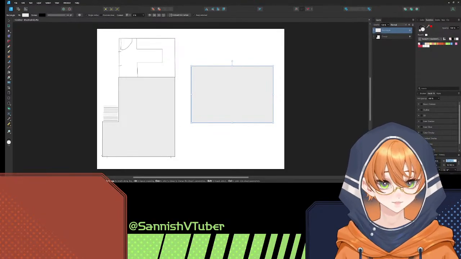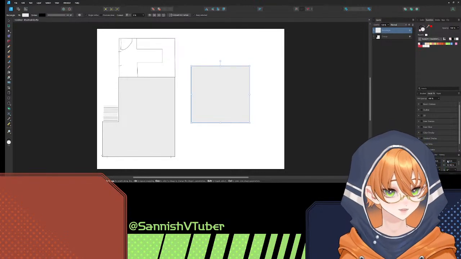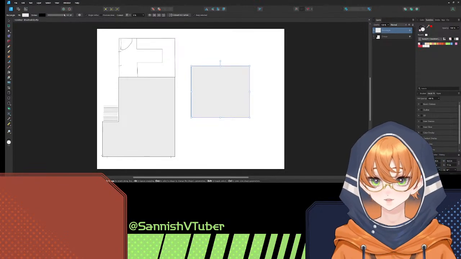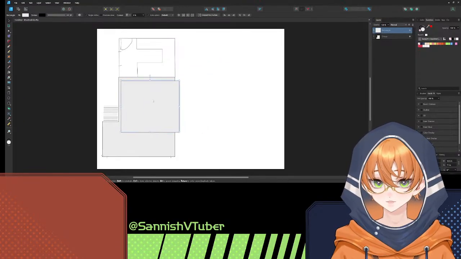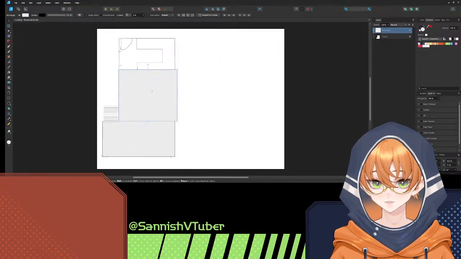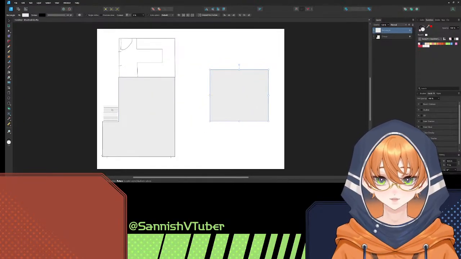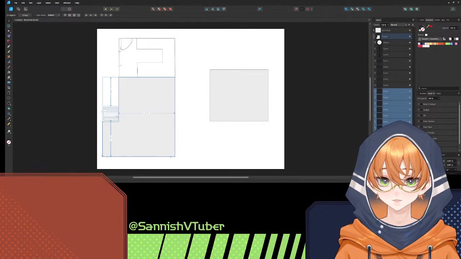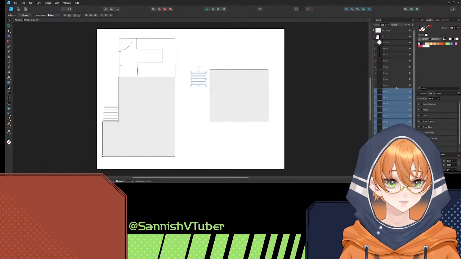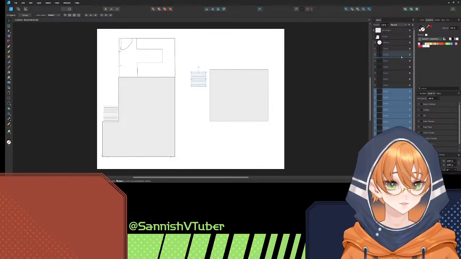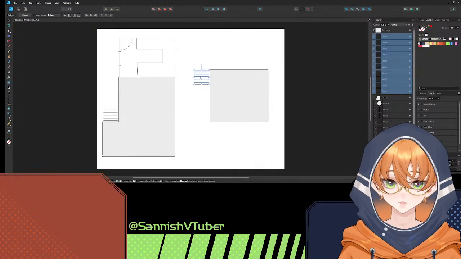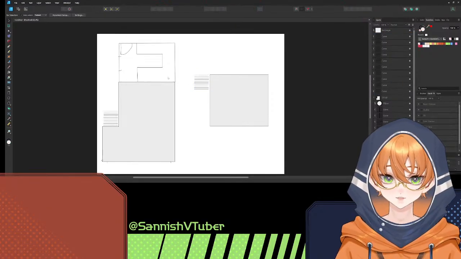Bedroom is 12.5 by 11. And it goes like here. There's a staircase here. Curve, I want you outside the rectangle. There we go. Stair comes up right about here.